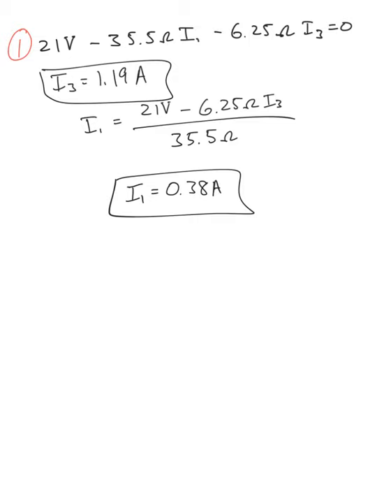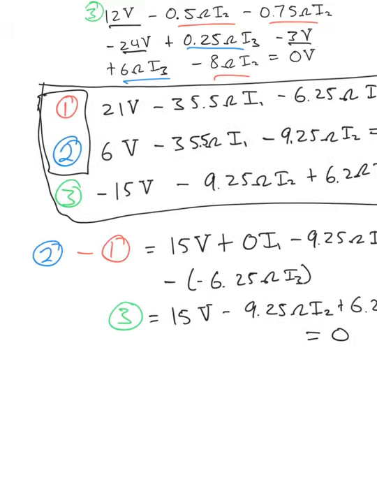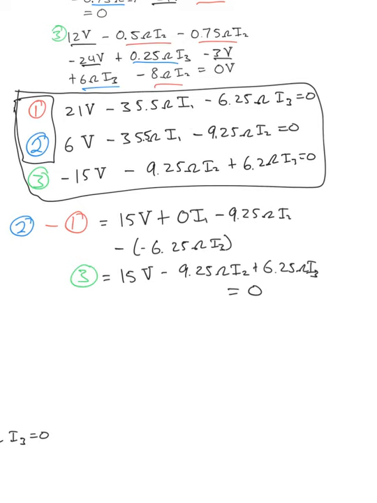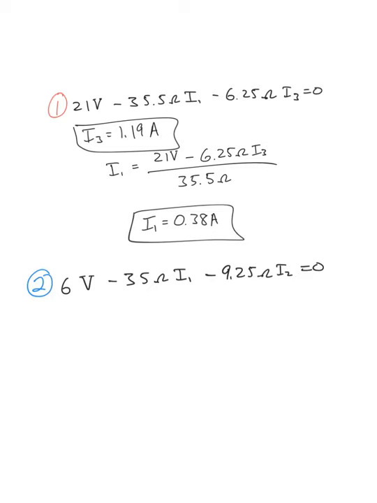So now we have I3 and I1, and we can use our final equation in order to find I2. Looking back at all of our equations, the second equation we could use has I1, which we just found, and I2. Here I have equation 2 written out with the values of I1 and I3 present.